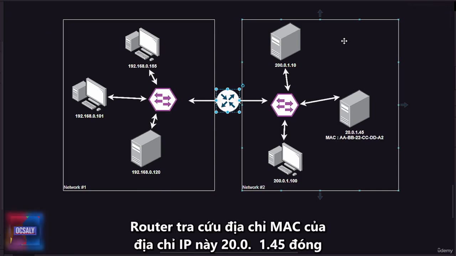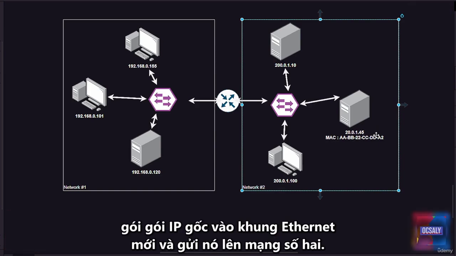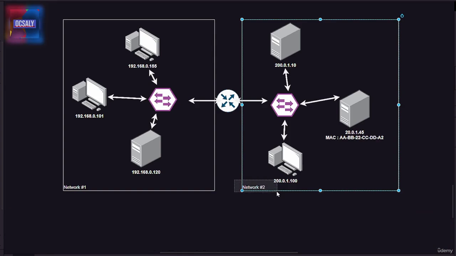The router looks up the MAC address of this IP address 20.0.1.45, encapsulates the original IP packet into a new Ethernet frame, and sends it onto network number 2.